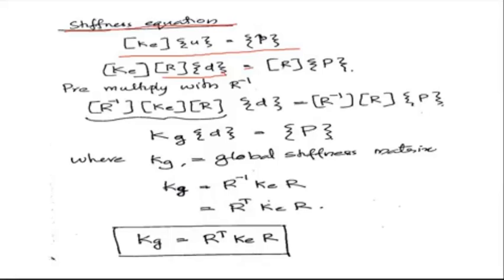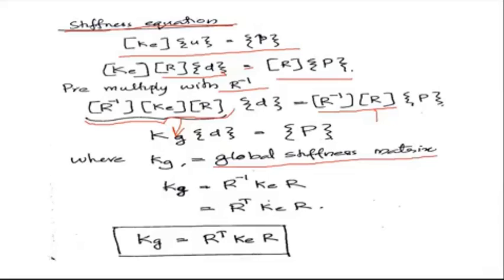Pre-multiplying with R inverse, you get R inverse Ke into R into D as R inverse R into P, and you know R inverse R is I. So this term R inverse Ke R is written as Kg, which is called the global stiffness matrix.